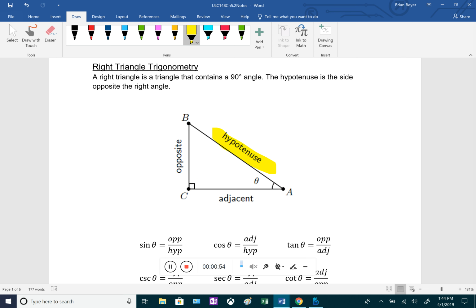The hypotenuse is the side opposite it. We also have two other sides, which we call adjacent and opposite. The adjacent side is the one directly forming the angle, and the opposite side is the side that the angle is opening up towards.